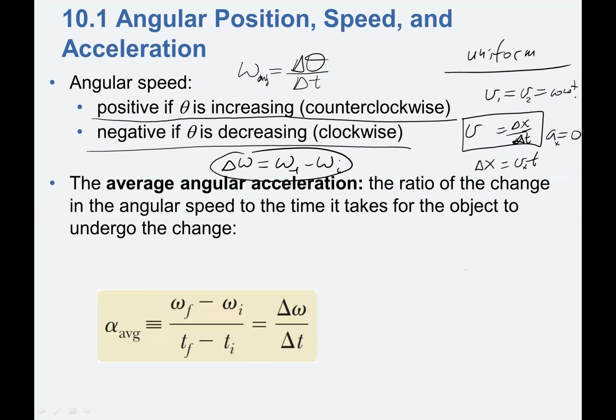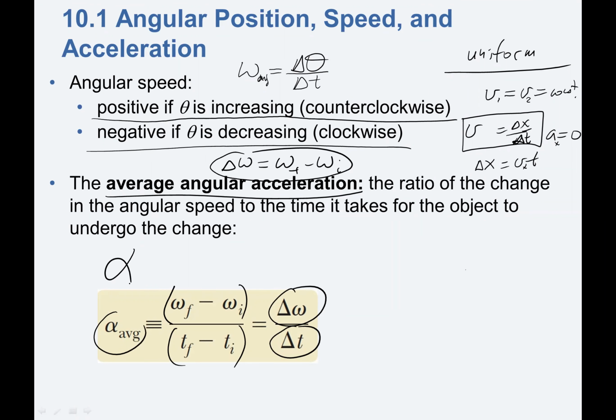So that ratio of change in angular velocity as a function of time, or delta omega over delta t, is defined as average angular acceleration. And we use Greek alpha to represent angular acceleration.